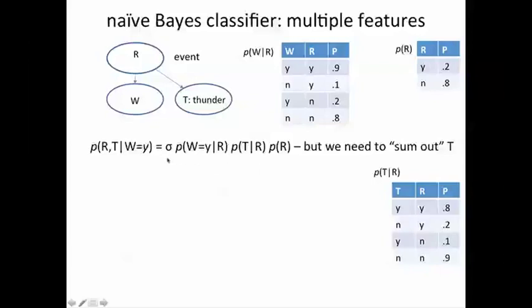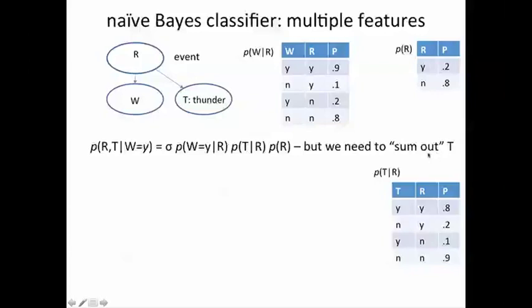So now the probability of R given W equal to S, because that's all we know, is by the same equation that we had earlier: probability of W equal to S given R, probability of T given R, times the probability of R. This is our Bayesian formula. Again, we have the probability of the evidence over here, but this time we don't have anything that says T equal to yes or no.